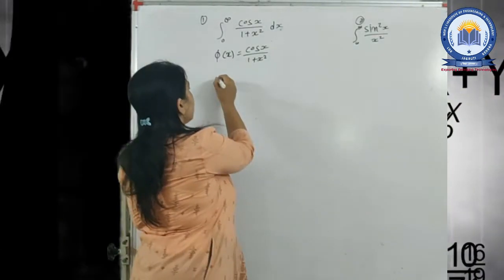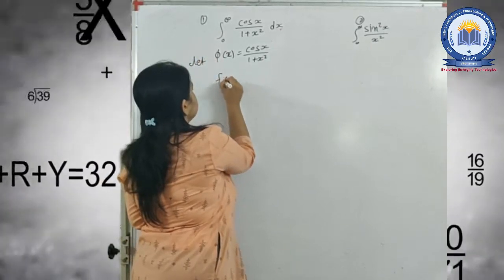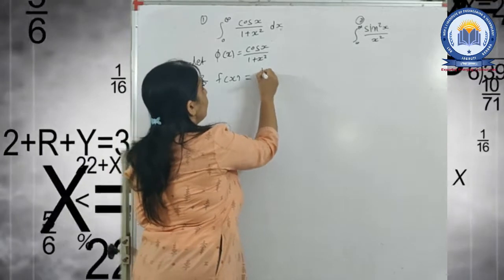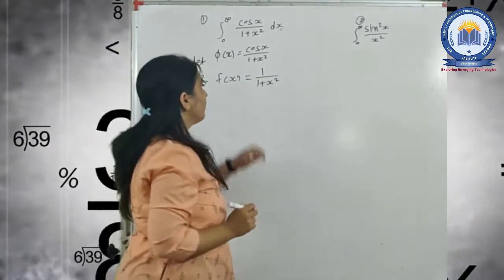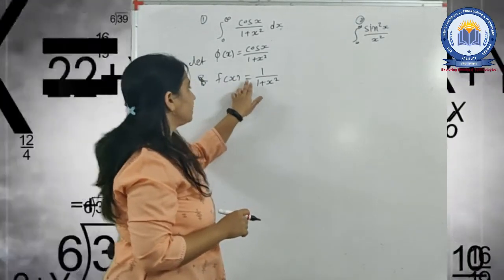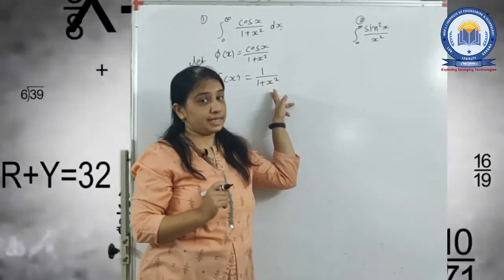So suppose fx equal to 1 upon 1 plus x square. We have assumed that fx is equal to 1 upon 1 plus x square.